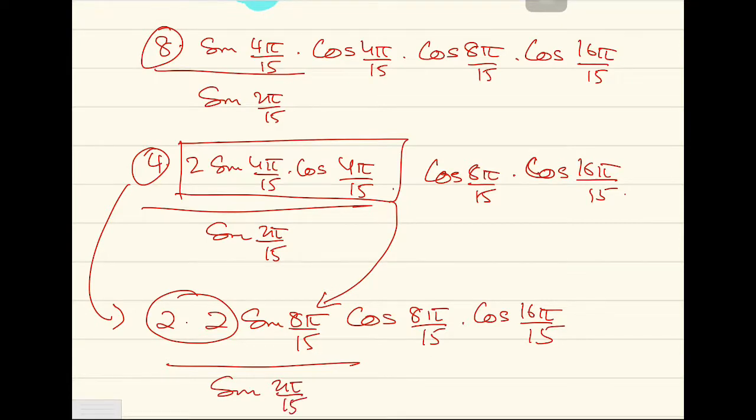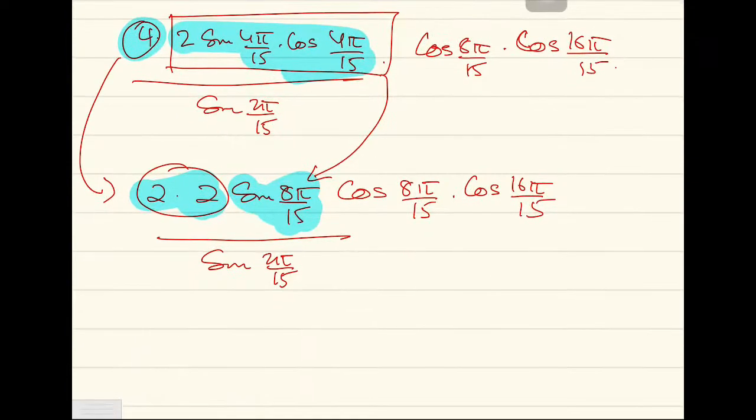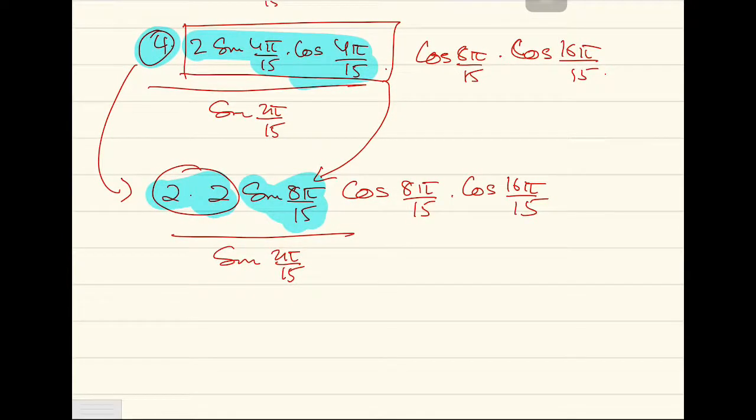Check this out again. I'll show you with a highlighter. Here 4 becomes 2 into 2, then this becomes sine 8 pi by 15, correct? Okay, next step, what can I do here? I can write it as 2 into, now you have here 2 sine 8 pi by 15 cos 8 pi by 15.